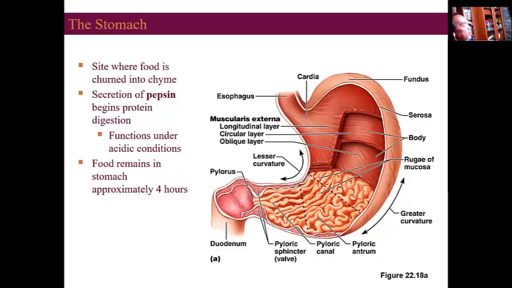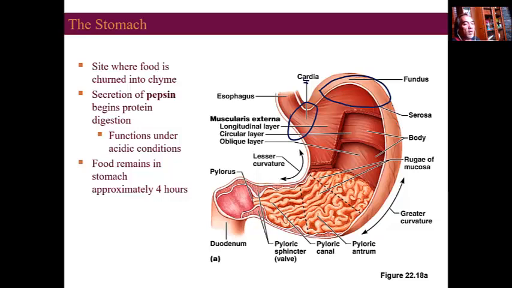So now we're finished with the esophagus. Now we're going down into the stomach. We have regions in the stomach. The cardiac region, which we call cardia, is the region where the esophagus and stomach meet. The part of the stomach that has a dome-shaped structure is called the fundus, the fundal region.